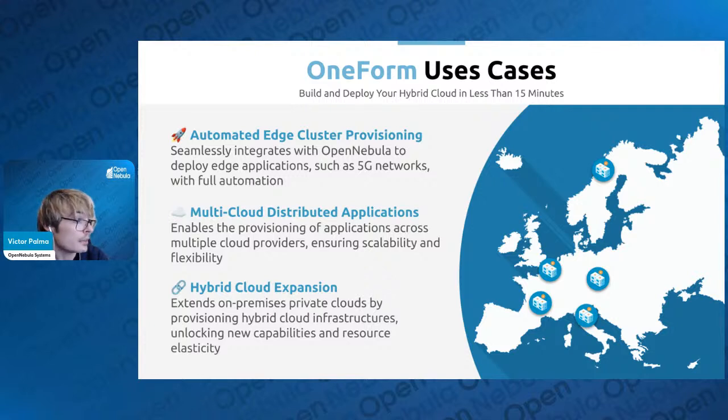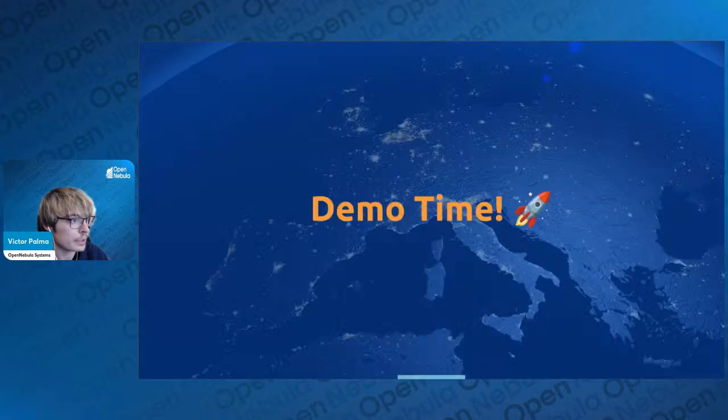Then you can deploy multi-cloud distributed applications, not only MinIO, but also software-defined storage, like Ceph clusters. And finally, we have the hybrid cloud expansion, where you can extend your private, on-premise cloud to the public cloud in order to create a hybrid cloud solution in a very simple way, thanks to OneForm.